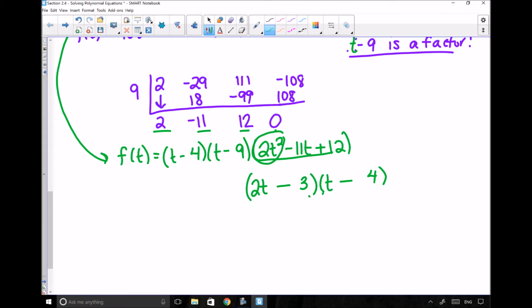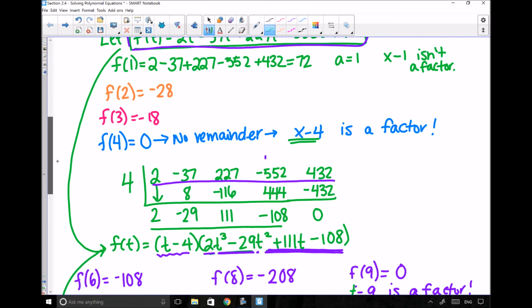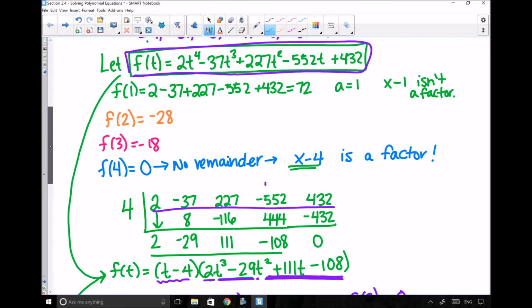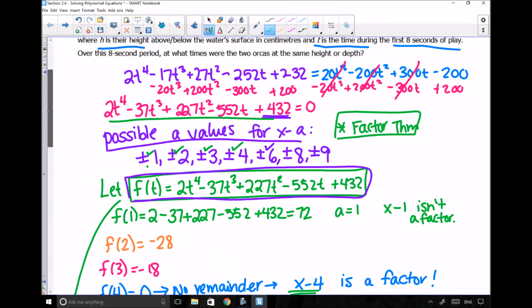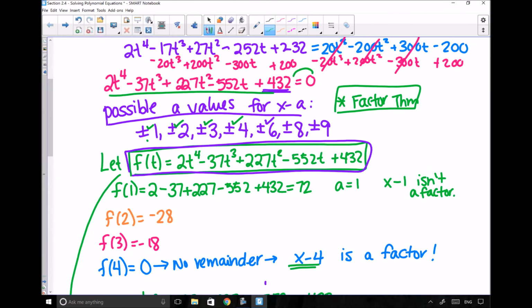All right, so now I've got this t minus 9, this t minus 4, but if you remember when we were solving this problem initially, let's see where we left off. Up here, it was equal to 0, if you remember that.